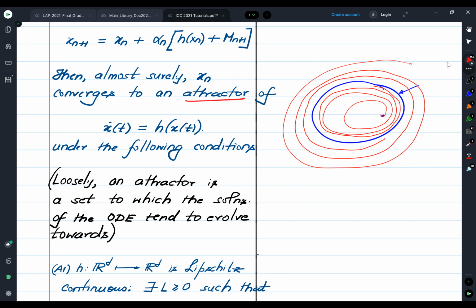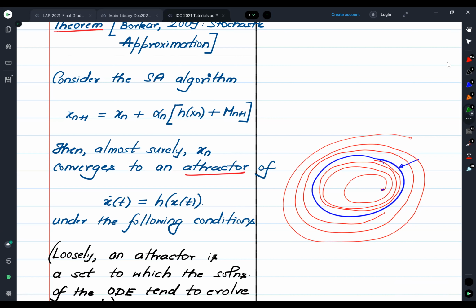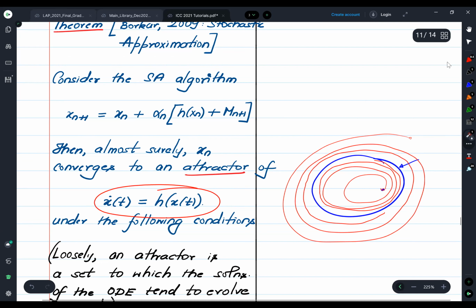So in that sense, this circle can be viewed as an attractor. Often the attractor could also be a point. And this theorem basically says that if you have a limiting ODE, then the iterates, that is xn, converge to the attractor of this limiting ODE under the following conditions.